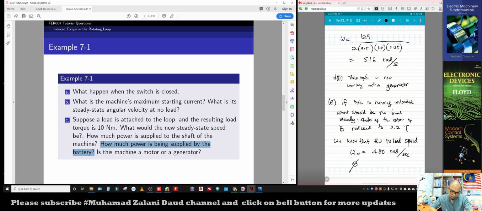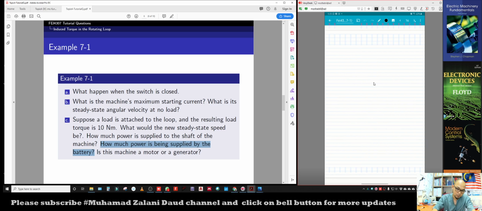So when the flux is reduced, we can use this equation to find the speed.